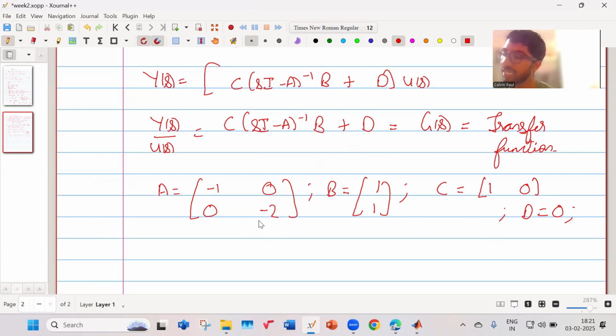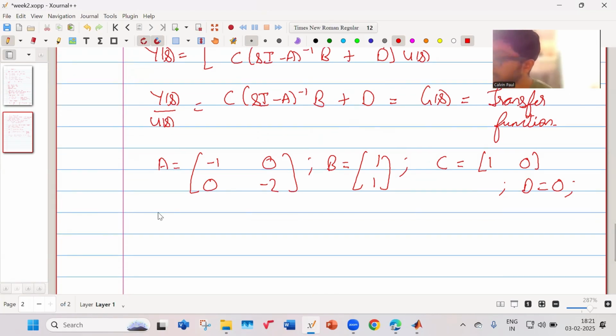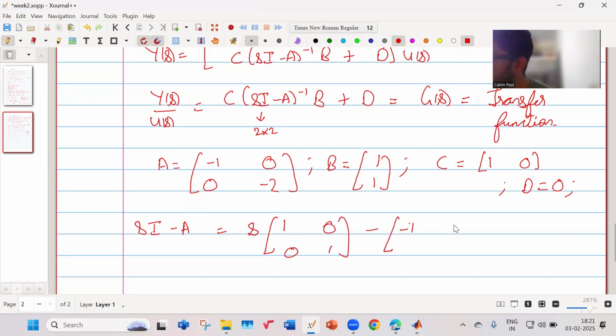Okay, so you can take this method. What you have to do in this case is, your I in this case is a 2 cross 2 matrix. So you have to take sI minus A. So that is s into [1, 0; 0, 1] minus A, that is [minus 1, 0; 0, minus 2].